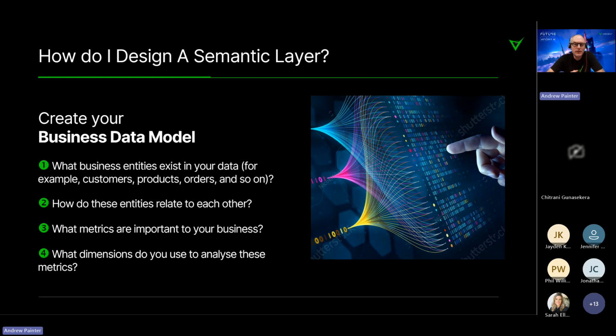What we then need to do is understand how they relate to each other: who bought them, what they were buying, and when. That's really important to understand how our entities are related. From there, we'll want to define our metrics, things like total revenue and margin, the KPIs that the business wants to understand how they're doing, and that an AI model would want to use to help the business understand what's going on.